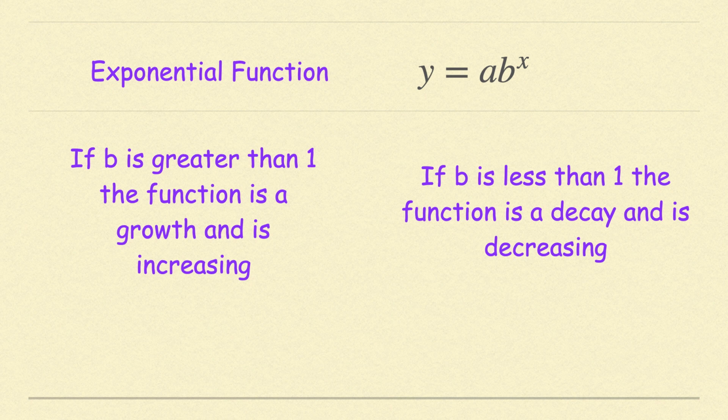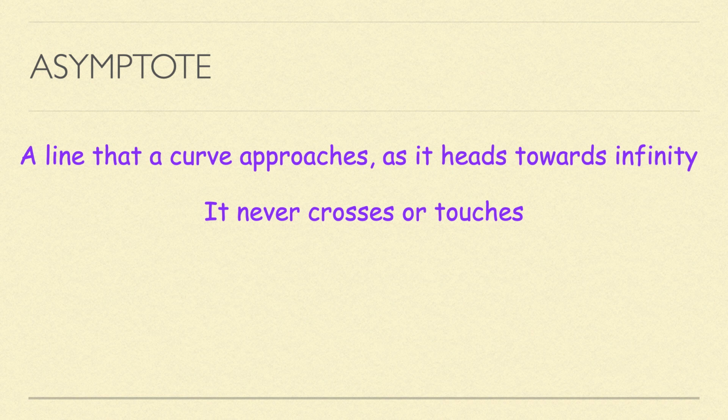All right, and then we have a new word for you, and this word is asymptote. An asymptote is a line that a curve approaches. So our line that we're going to be graphing is curved, all right? An asymptote is a line that the curve approaches as it's going toward infinity.